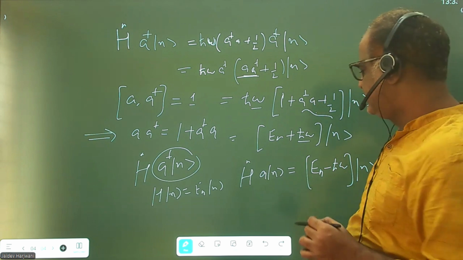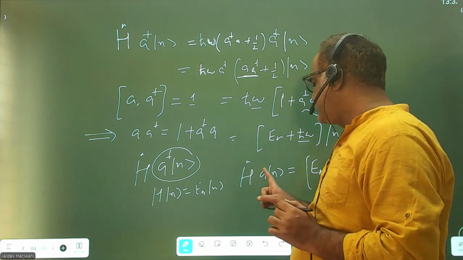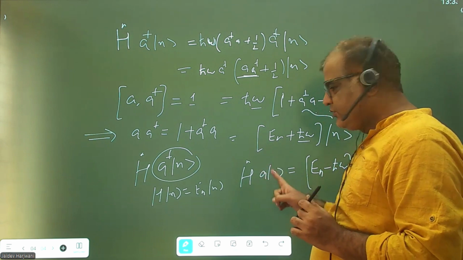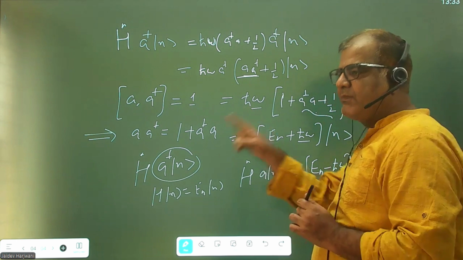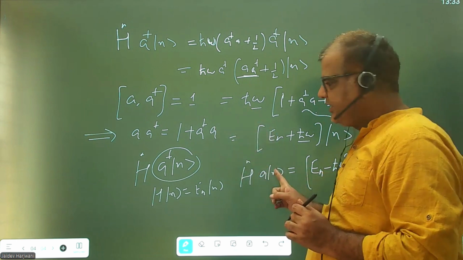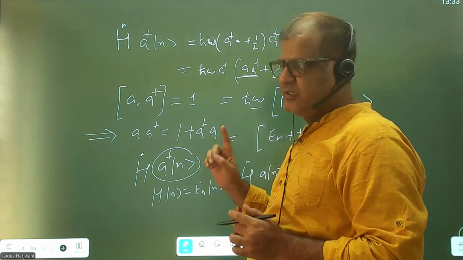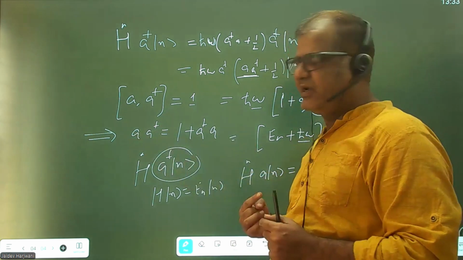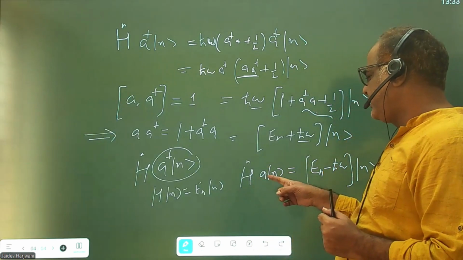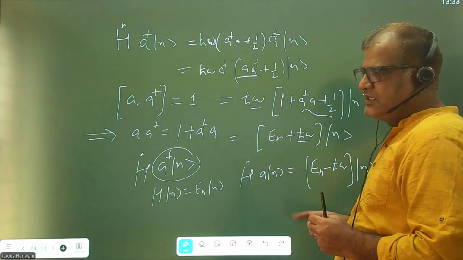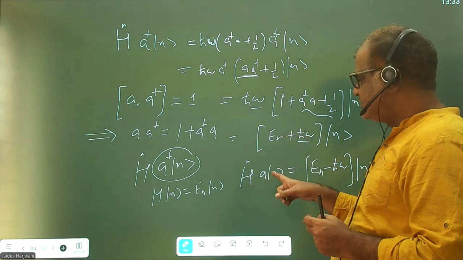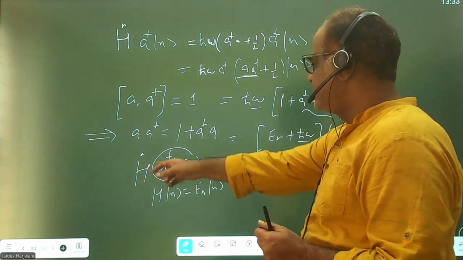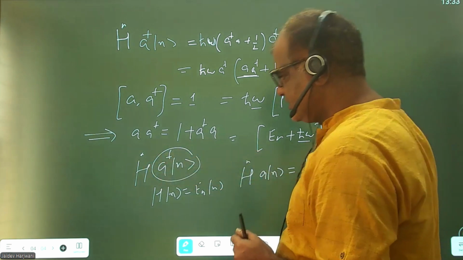That means when a operates on n, it reduces its index to n minus 1, so it lowers the state. The operation of a plus increases the state by 1, while the operation of a on state n decreases its index by 1. So this state goes to n minus 1, while this state goes to n plus 1. The operation of the Hamiltonian suggests these things.